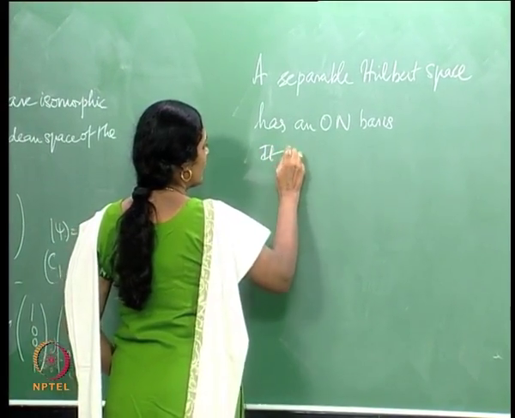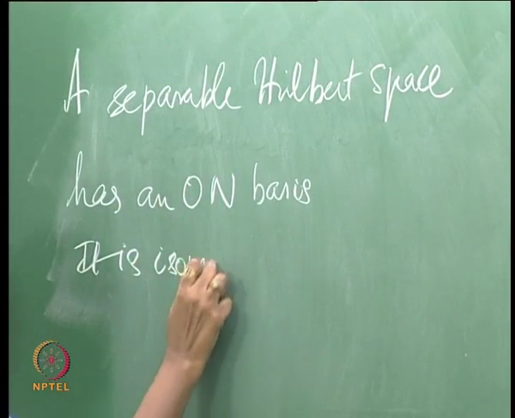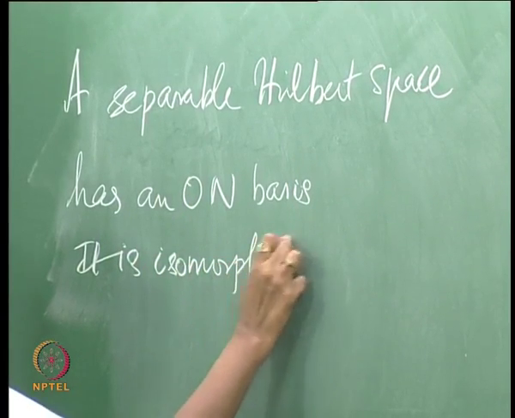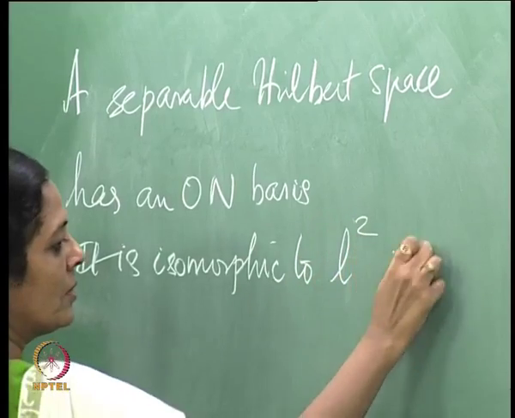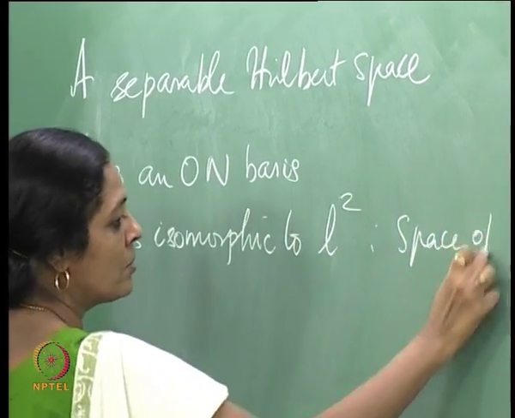It is isomorphic to L2, the space of square summable sequences.